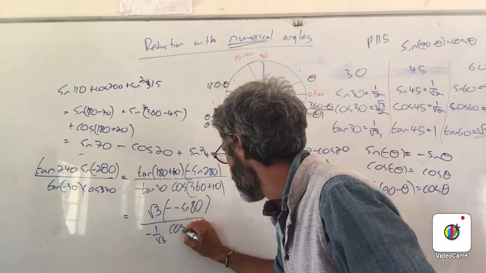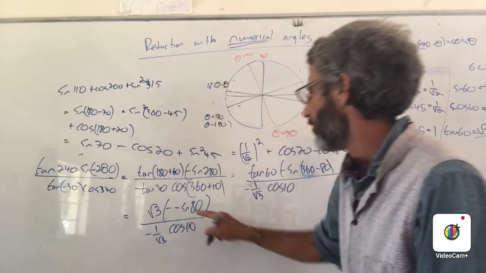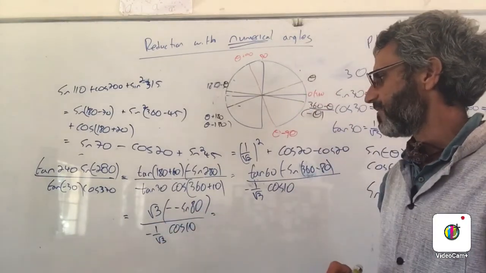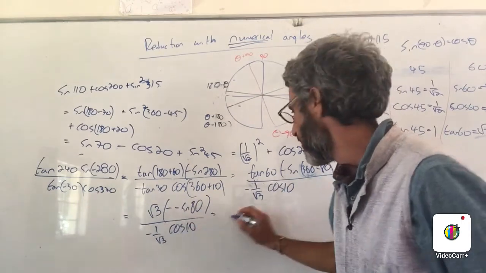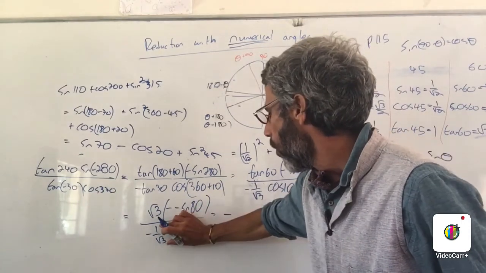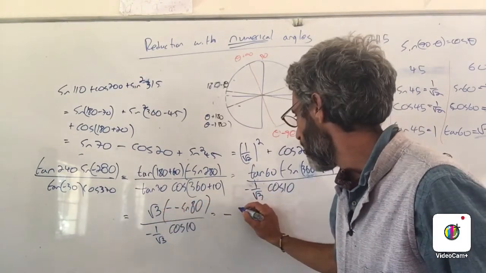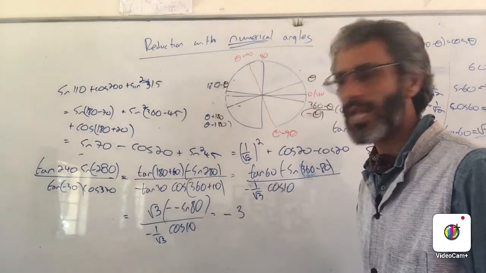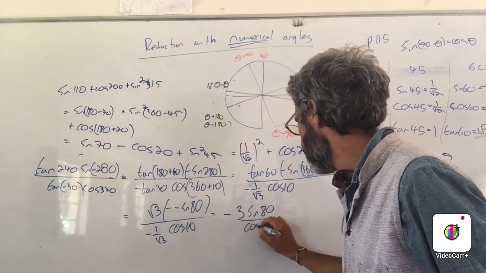We'll take another 2 minutes. Okay? Right, first of all, let's figure out, is this whole thing positive or negative? Negative, because I've got 3 negatives, so it's going to be negative. 1 over square root 3, if I flip it, I times it by square root 3, the answer is going to be 3. And now I've got sine 80 divided by cosine 10.